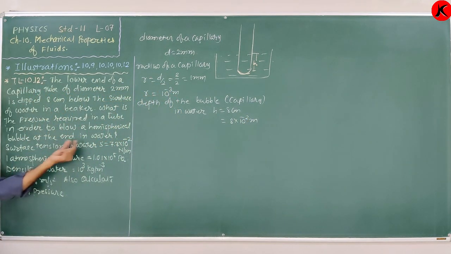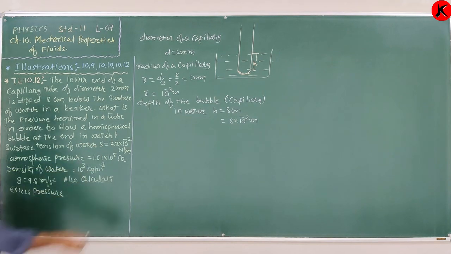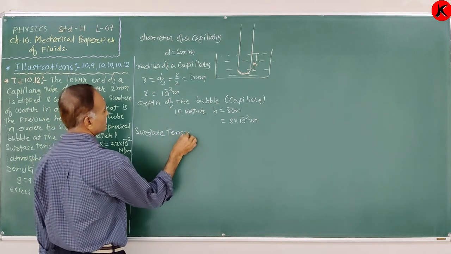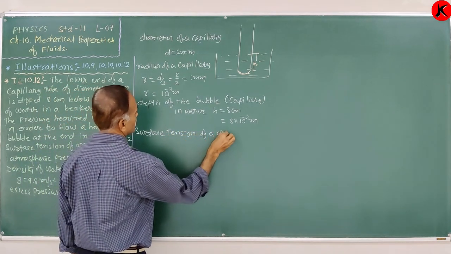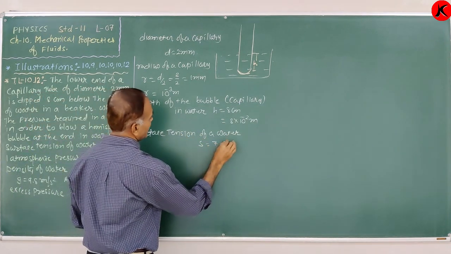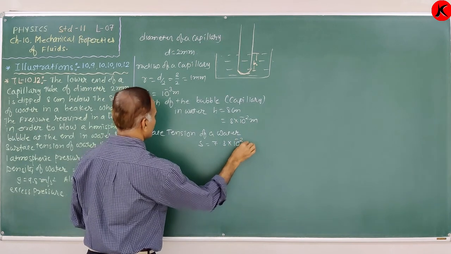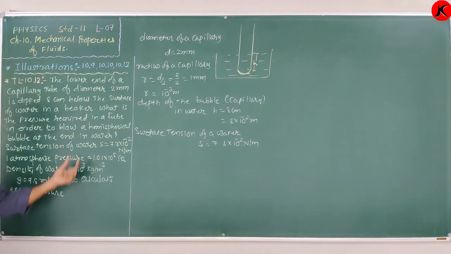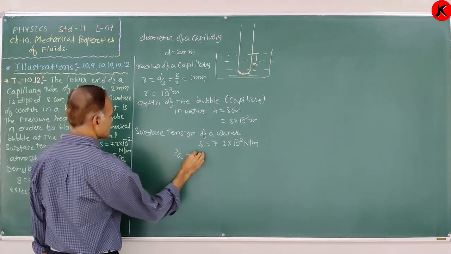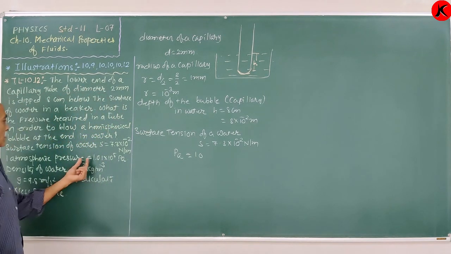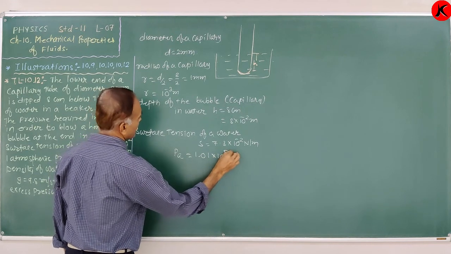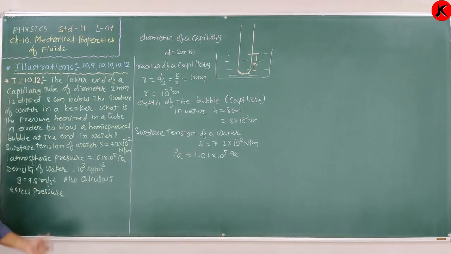Surface tension of the water is given already, surface tension of water is given as 7.3 into 10 to the power minus 2 Newton per meter. That is given in the case. Now atmospheric pressure Pa is given as 1.01 into 10 to the power 5 Pascal or Newton per meter square.